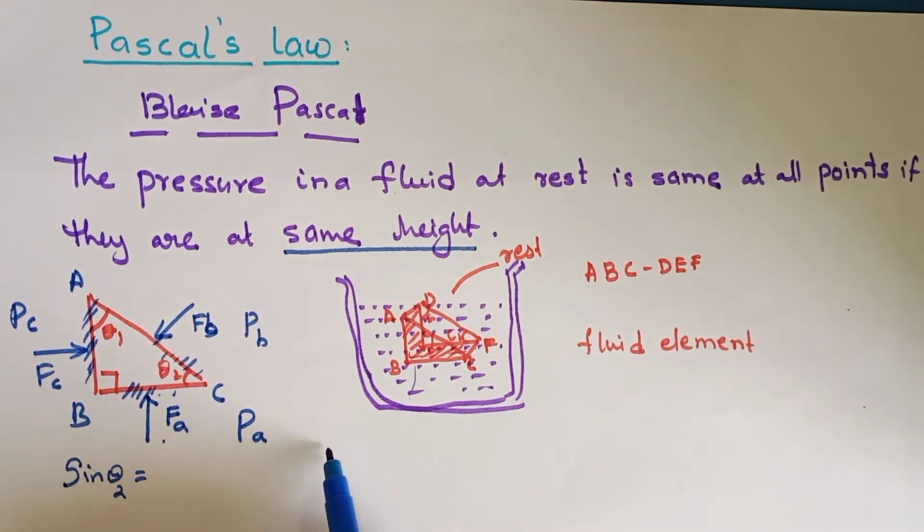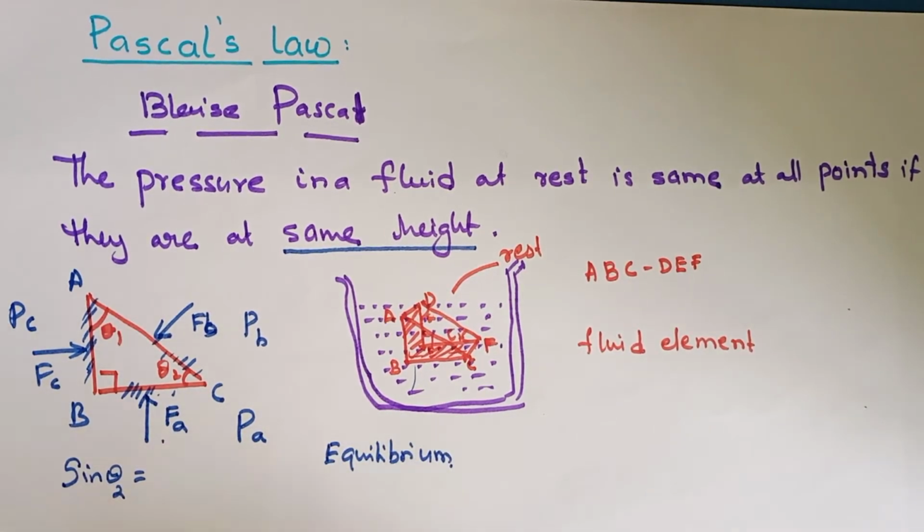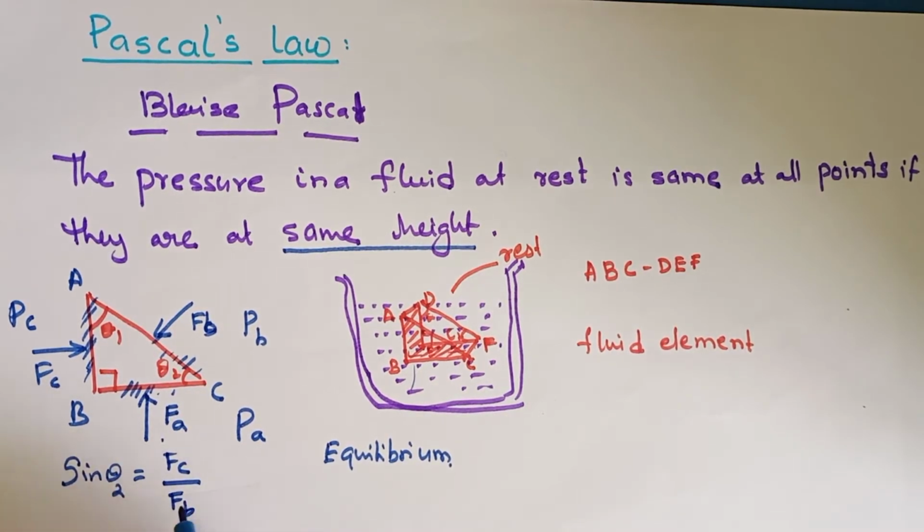The equilibrium condition we can write, so that we can write that pressure remains the same at all the heights. We'll find out the simple relation. Sin theta 2 is the opposite side FC by the hypotenuse FB.